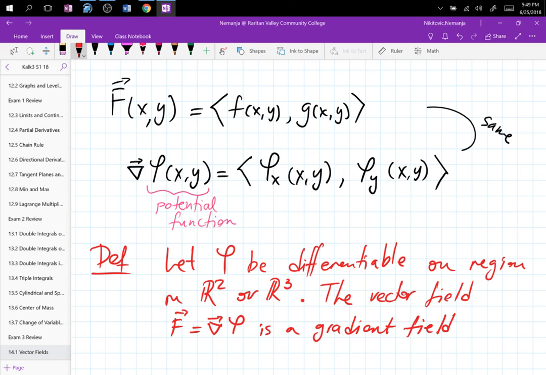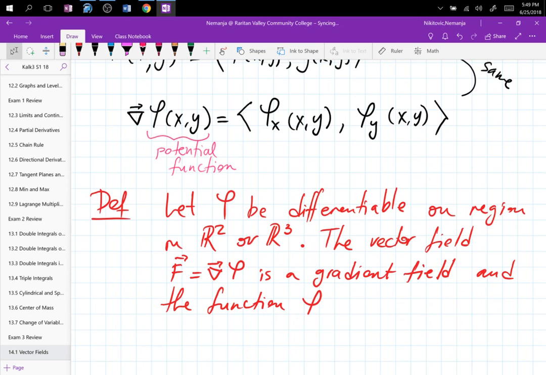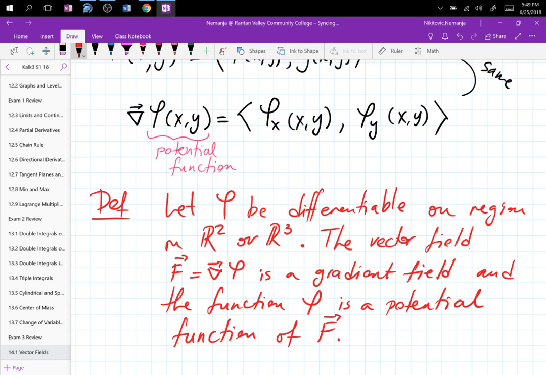And the function phi is a potential function of F. There we go.